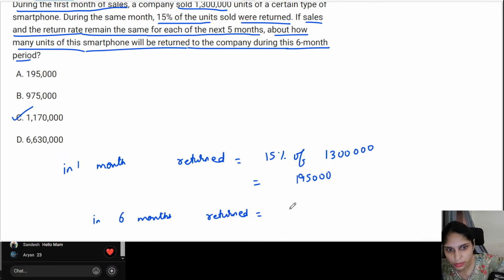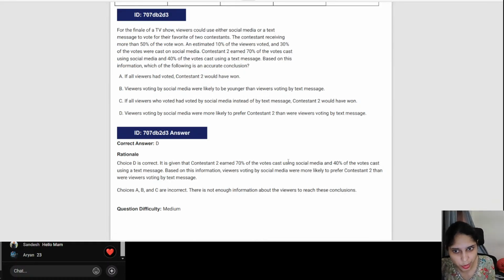That means each month you're returning 195,000. So it will be 195,000 times 6. So the answer is going to be 1,170,000. For this one also to check, I will check the answer.